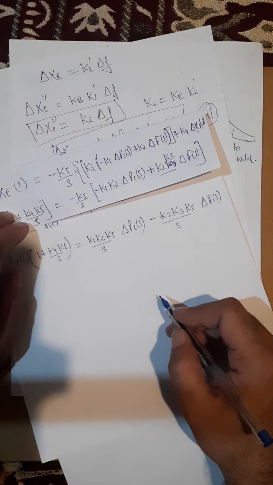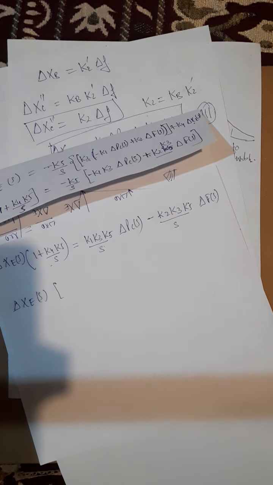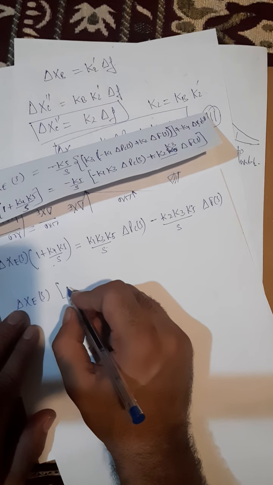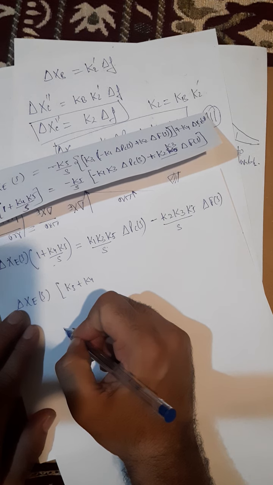So you got these equations. Now if you solve these equations by removing this S in the denominator, what will you get? Delta XES into K5, and K5 is common, so dividing the whole equation by K5, you will get XES equal to K5 plus K4.